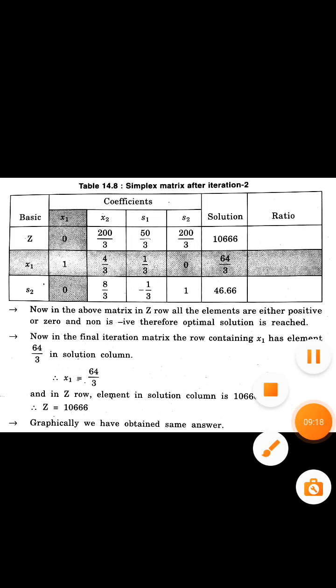Graphically we obtained the same answer, 10,666. Now we stop our lecture here, and this chapter, linear programming in construction management, is finished. Thank you.